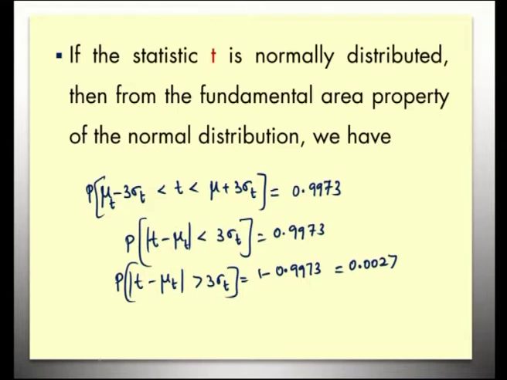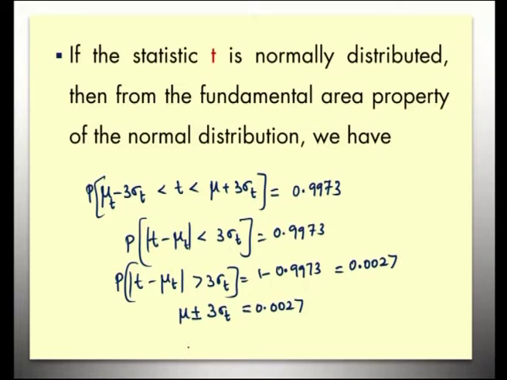In other words, the probability that a random value of t goes outside of the 3 sigma limits, mu plus or minus 3 sigma_t, is 0.0027. This 0.0027 is considered to be very small, and hence these limits are called upper control limits and lower control limits.